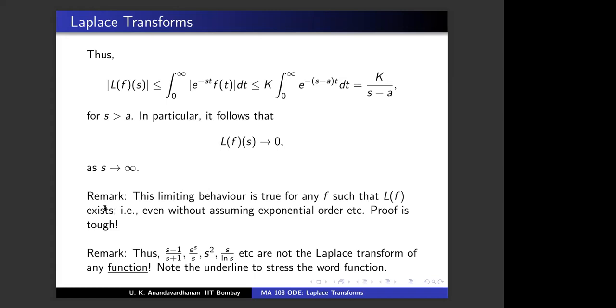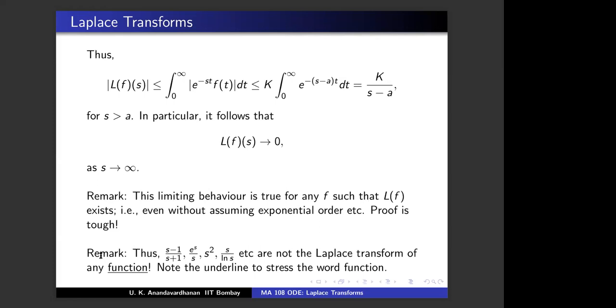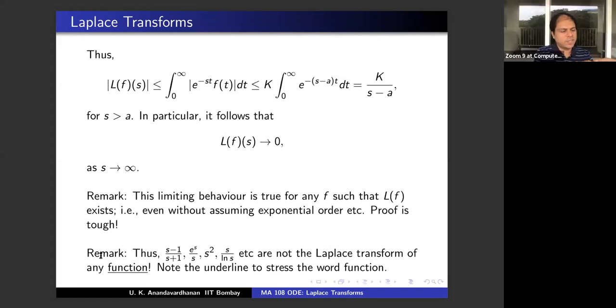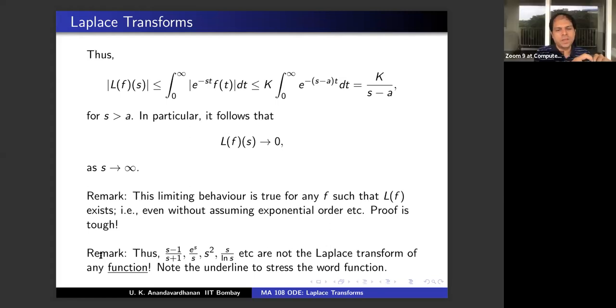For ordinary functions means just function. So what is a function? Let's not get into that. You know what a function is. But you might have seen in physics what is called the Dirac delta function, right? Have you seen Dirac delta function? Yes, or we will see in this course. That is not a function. Some people will define it as 0 everywhere other than 0, and at 0, the answer is infinity.